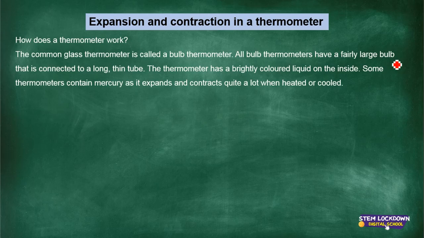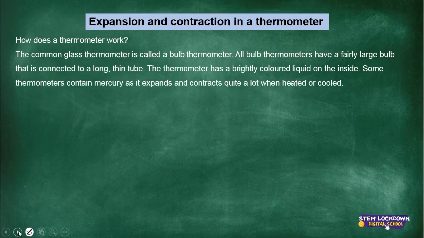Okay, so until I see more questions, I'll continue. Now, a thermometer basically is a thin, long tube, and a thermometer has a brightly colored liquid inside. Some thermometers contain mercury, as it expands and contracts quite a lot.